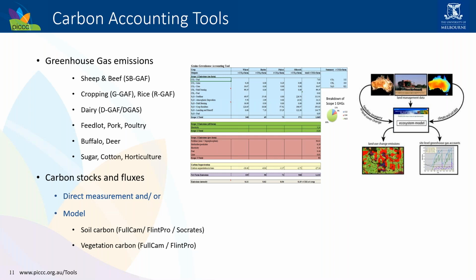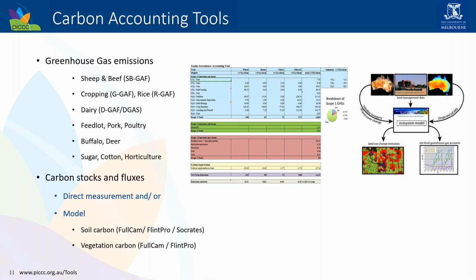This is obviously the most accurate way to understand the carbon stock of a forest: to go out and do direct measurements on the plots, using allometric equations based on the age and also the diameter at breast height of the vegetation there. Same thing with soil carbon, you're looking at doing core samples and getting a measurement that way. But FullCam is the other option.